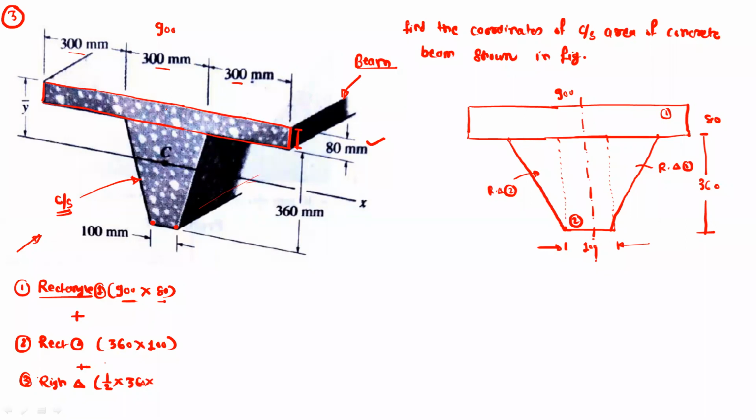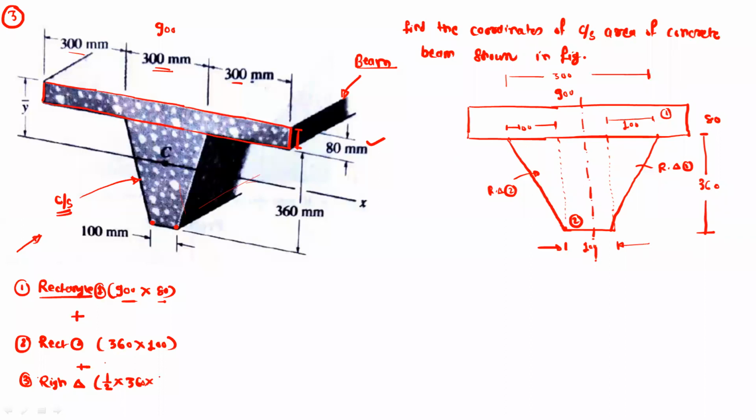So the base, if you observe, this total is 300. Okay. So from 300, you subtract this 100. So remaining is 200. Okay. So this will be 200 by 2. So this is 100 and this is 100.